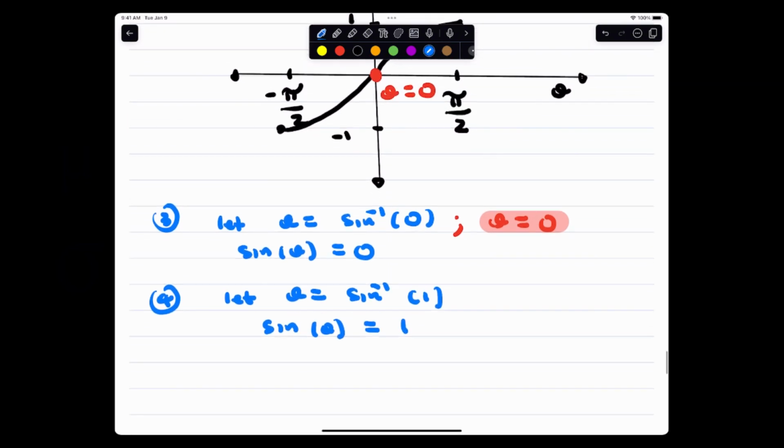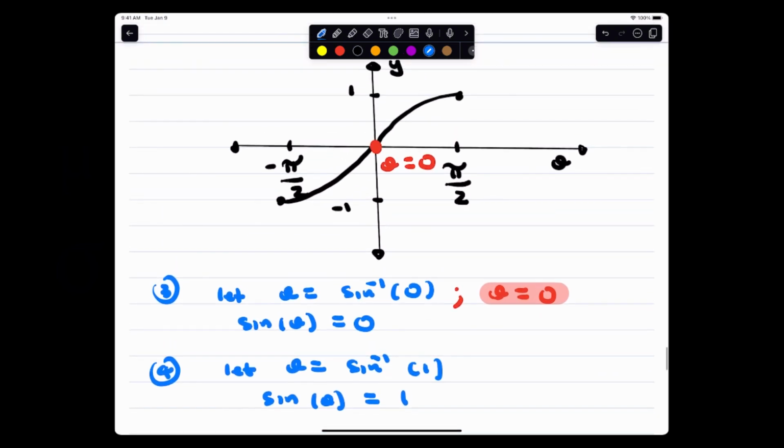I've been preparing you guys over and over again. Where is sine positive 1? Yeah, right up here. You guys remember? That's where you have the max. Right? This is where sine is positive 1.